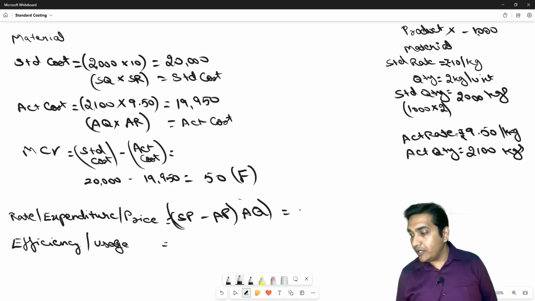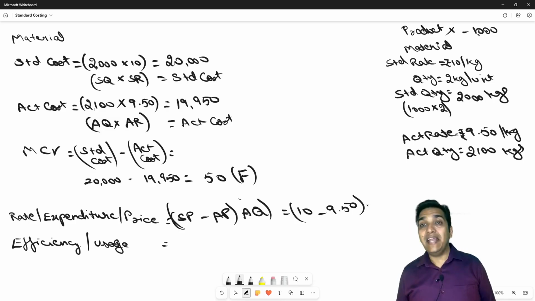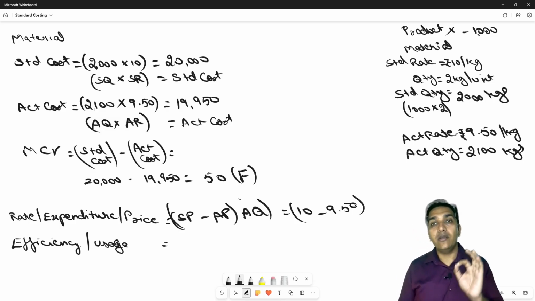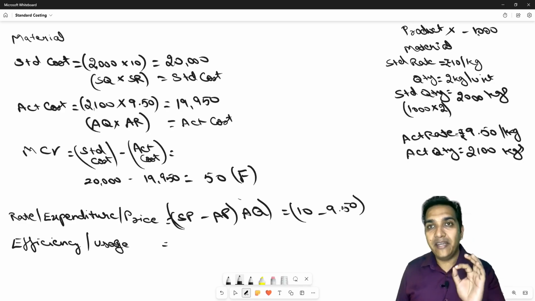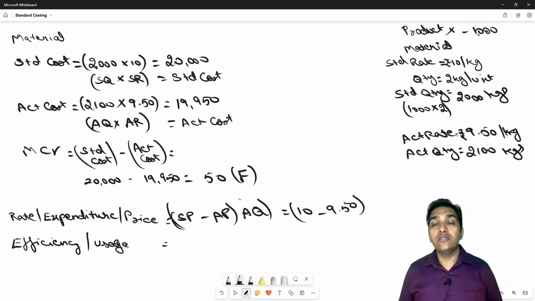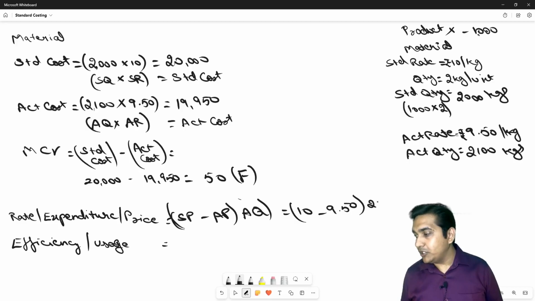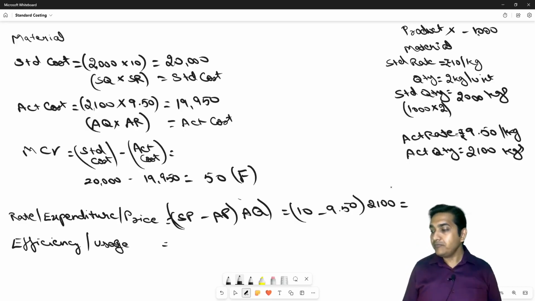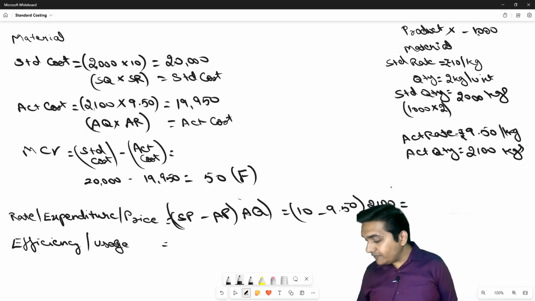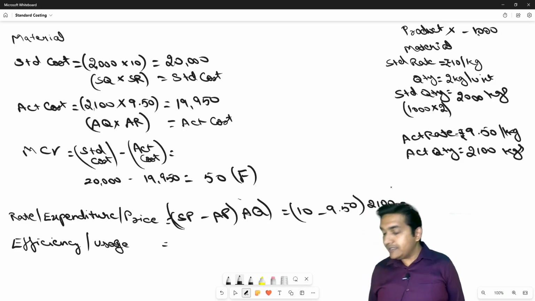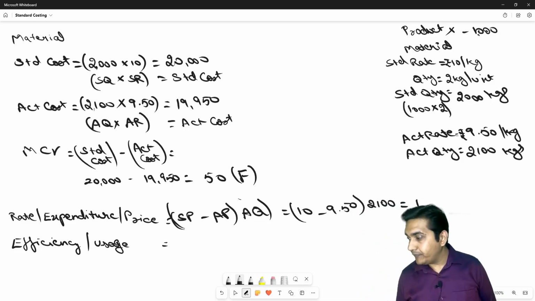So what is my standard price? 10 rupees. And what is my actual price? 9 rupees 50 paise. What is my actual quantity? When I say actual quantity, it is the material used, which is 2100 in our example. So this comes to 2100 into 0.5, which is 1050.